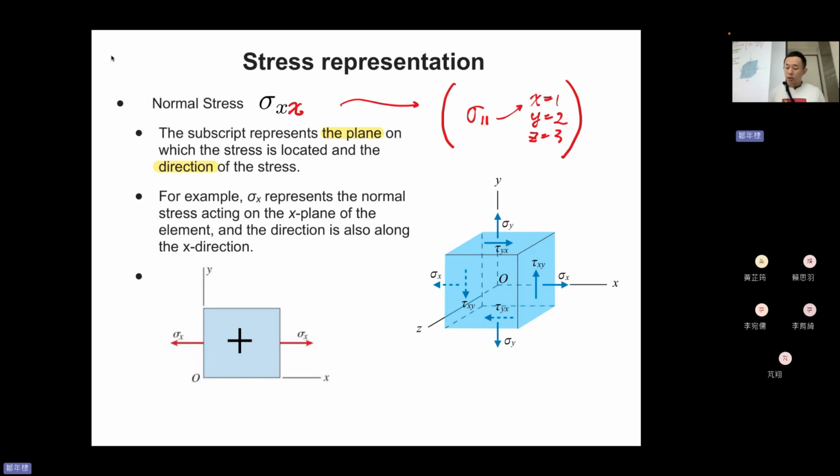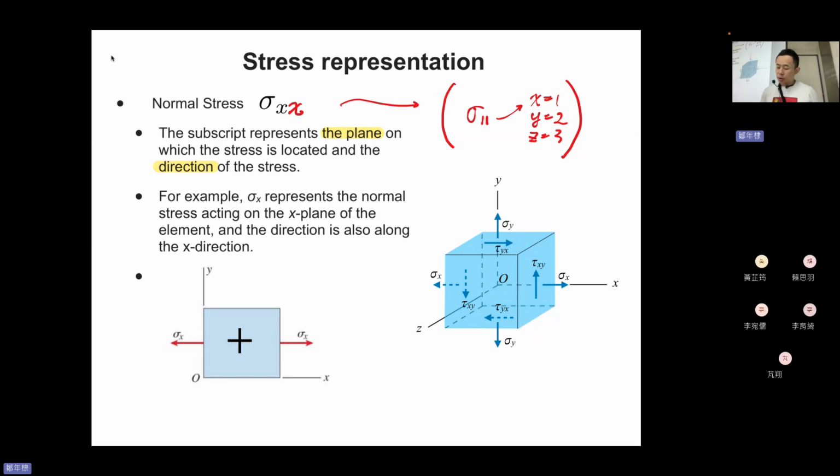In this course, if we only see one subscript, it means they are repeated: the plane and the direction are along the same axis.